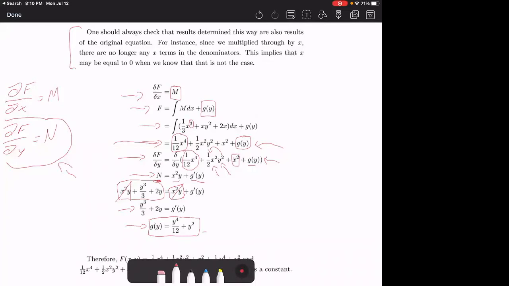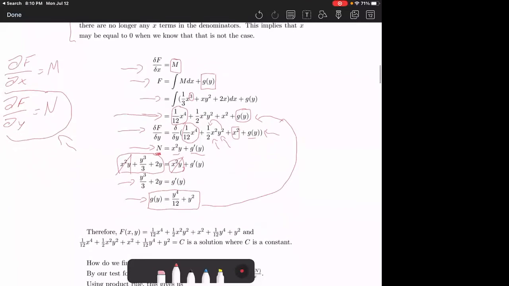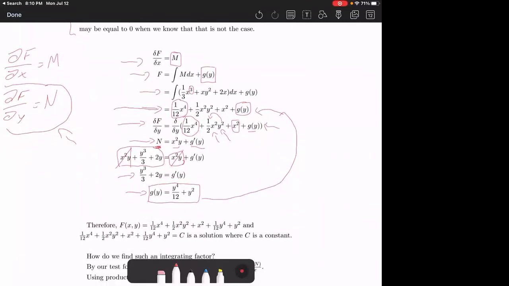Now we're going to take that, plug it back in for g, and we're going to get our final answer for f, that the multivariable function f of xy is equal to 1 over 12x to the 4 plus 1/2 x squared y squared plus x squared plus our g value, which is 1 over 12y to the 4 plus y squared. And that means that all of that equal to C is a solution, where C is a constant.